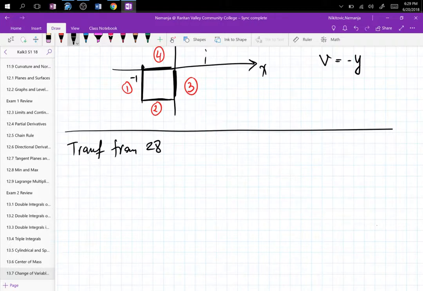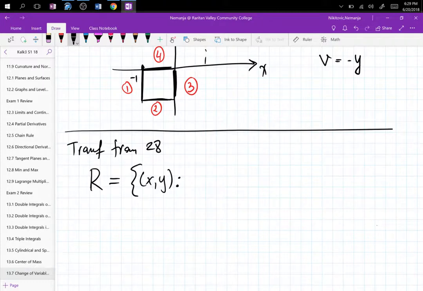So the region R is given by all of the points x, y, such that x is between 0 and 2, and y is in between x and x plus 4.